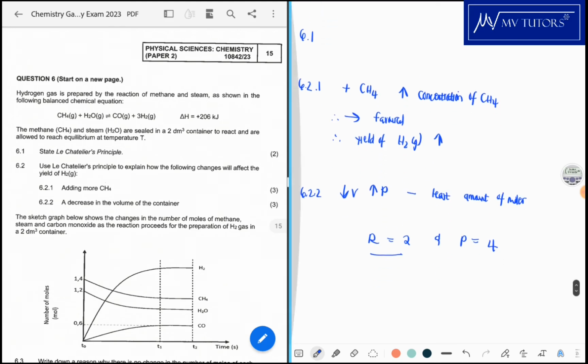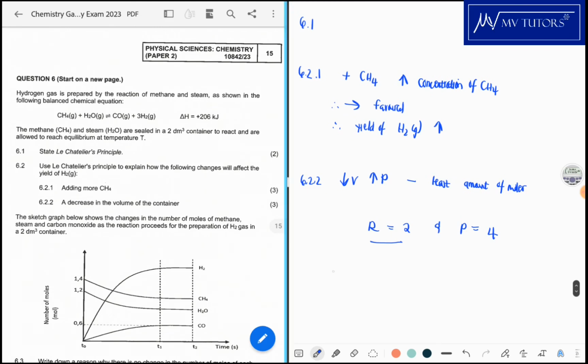decrease. Okay, so writing it out properly, I would say an increase in pressure favors the reaction that produces the least amount of moles.